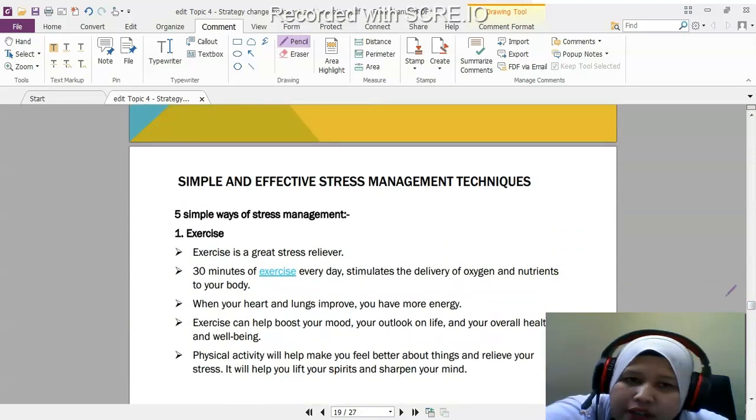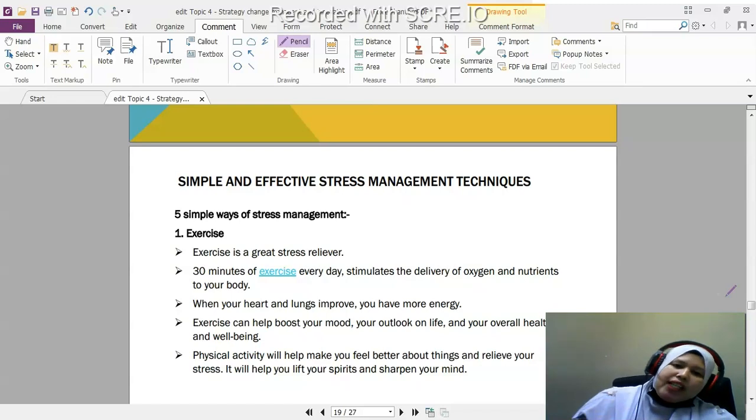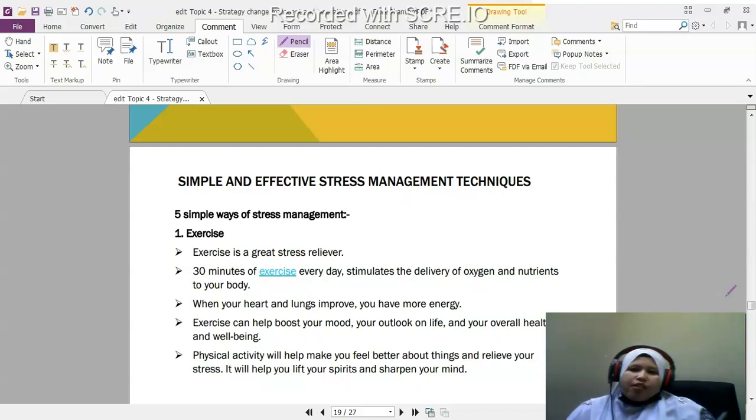Now, simple and effective stress management techniques. What techniques can reduce stress? For example, exercise. Exercise is a great stress reliever. Thirty minutes of exercise every day stimulates the delivery of oxygen and nutrients to your body.